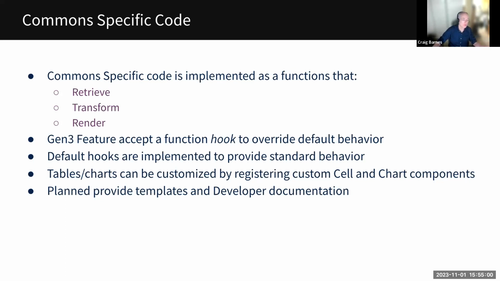And then of course we're going to provide templates for how to implement a hook and how to implement an analysis tool, and provide developer documentation. We have some working ones now that need to be expanded, and we'll be expanding that as we do the development of the front-end framework. Next slide, please.